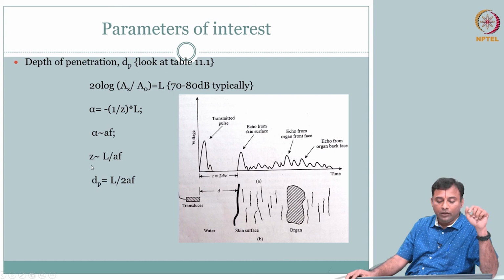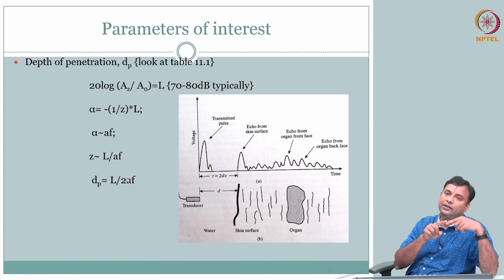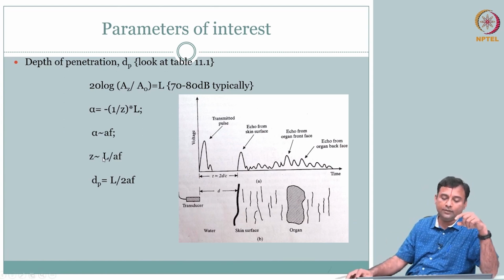However, your Z is fine, but for your depth of penetration, when we want to calculate, you have to take the transit time, right? We talked about this time of flight calculation, your range equation. So your depth of penetration is L by 2 AF, because attenuation happens going one time and then coming back. So this is your total loss, right?